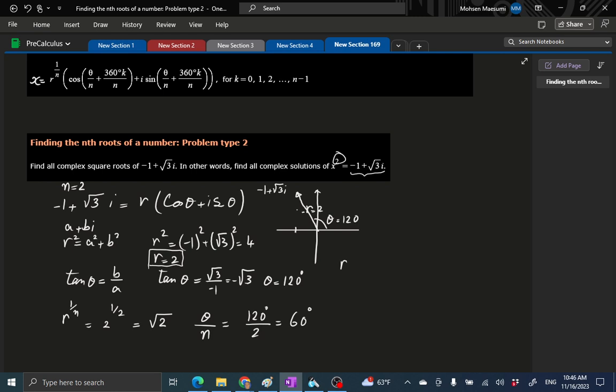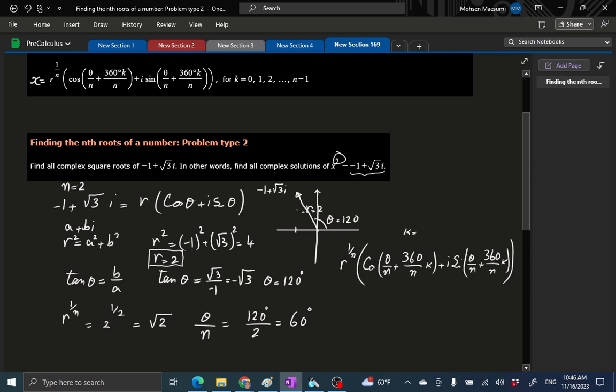Our formula says: r to the power of 1 over n times cosine of theta over n plus 360 over n times k, plus i sine of the same thing, theta over n plus 360 over n times k. Our k runs from 0 to n minus 1.